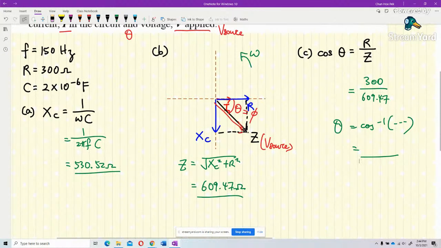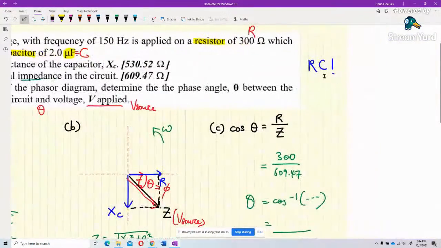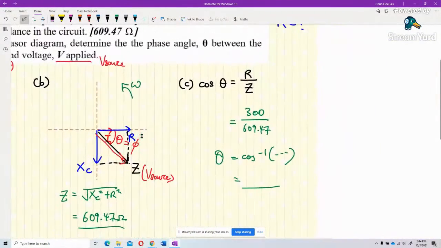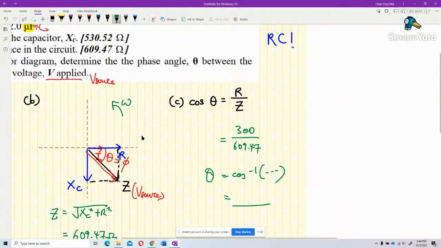If you have an RC circuit like this, that means current leads V source already by the phi radian. So not necessarily the current must be at the x-axis. It can be some secrets I tell you.